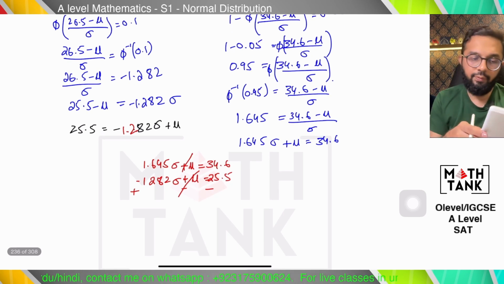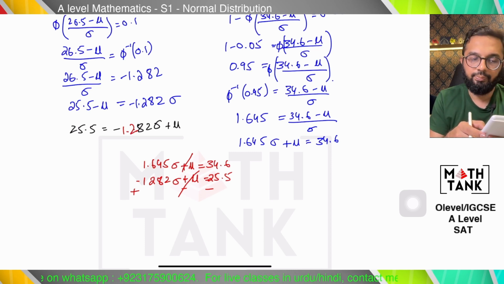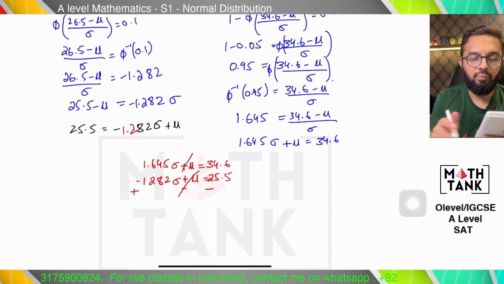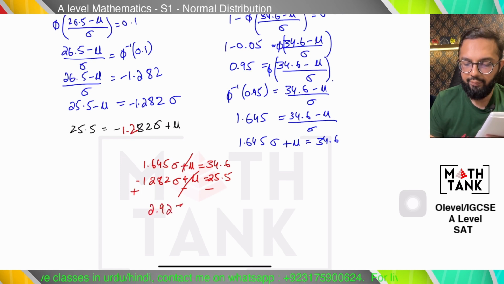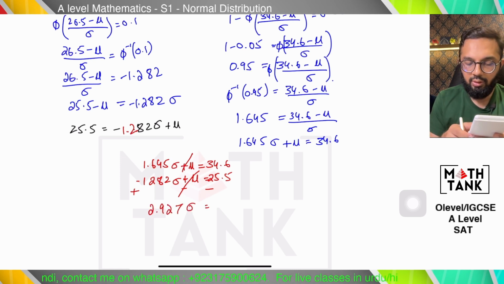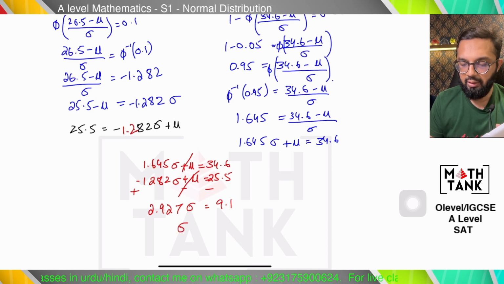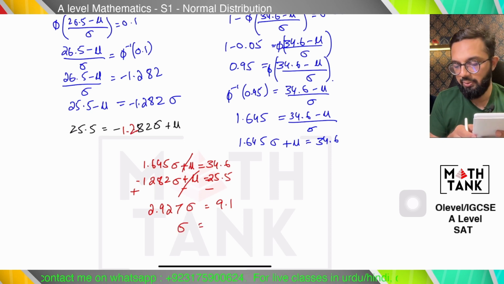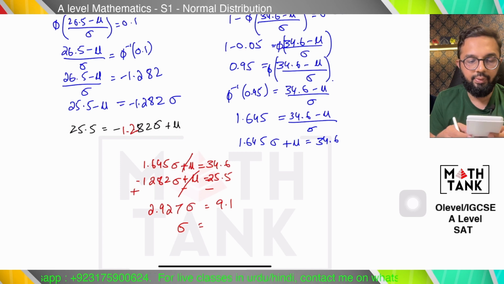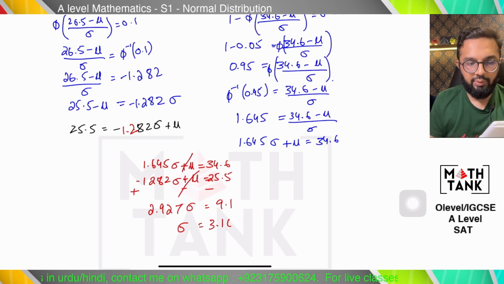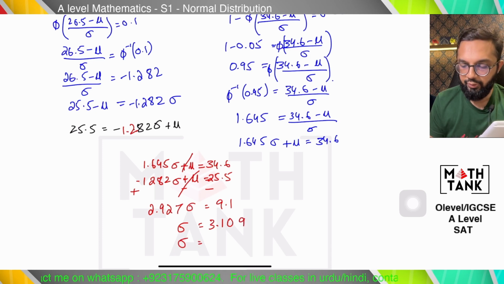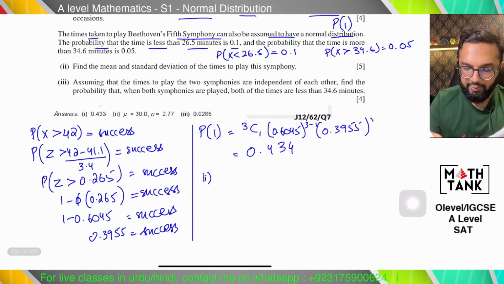What's 1.645 plus 1.282? I have 2.927 sigma equals 34.6 minus 25.5, 9.1. Sigma equals 9.1 divided by 2.927. I'm getting 3.109, so 3.11. Let me check if that is the correct answer.